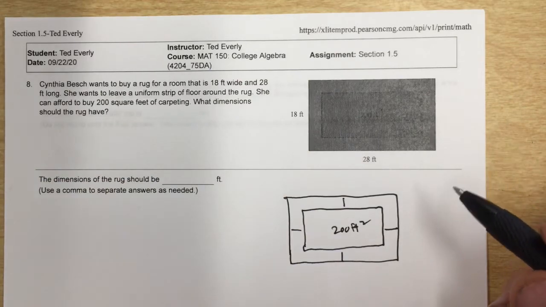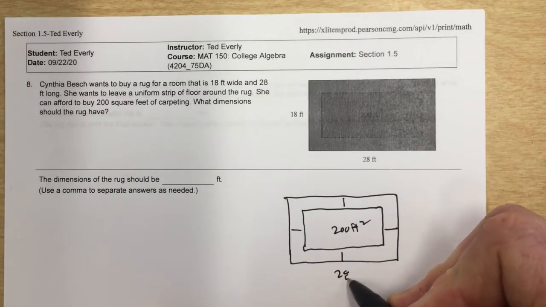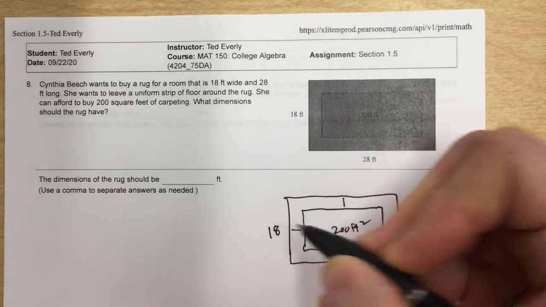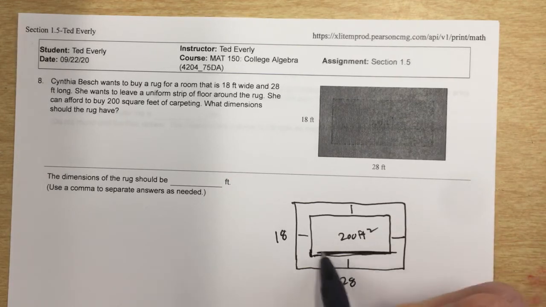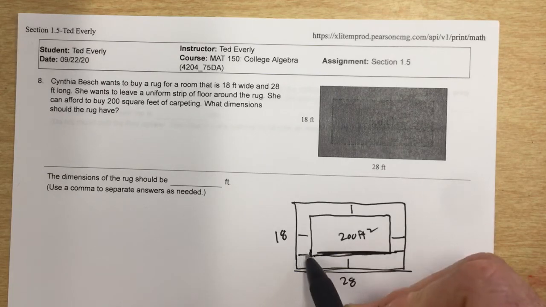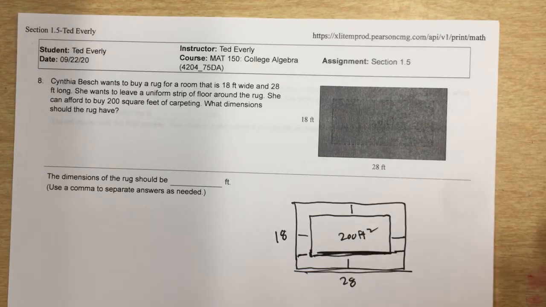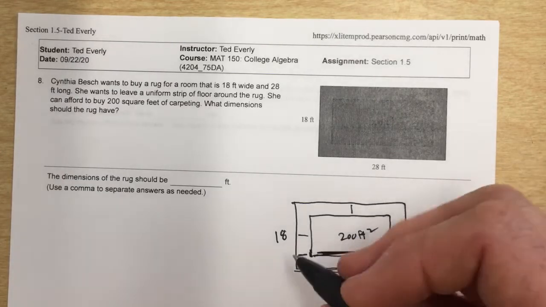Well, this is 28. This is 18. It looks to me like the length of the rug would be 28 minus these two widths right here, which we'll just let be x.